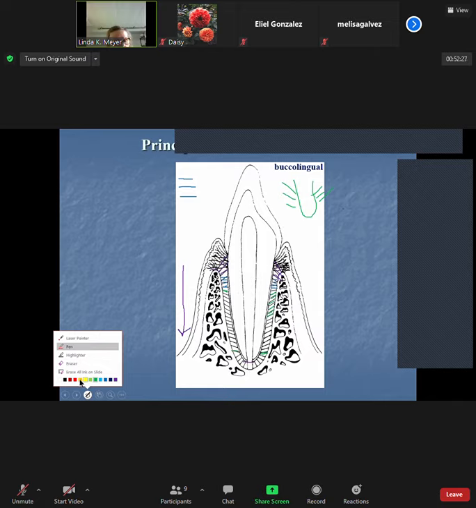And then finally, apical refers to the apex, or the tip of the root. So all of these that radiate around the tooth apex are called the apical fibers.